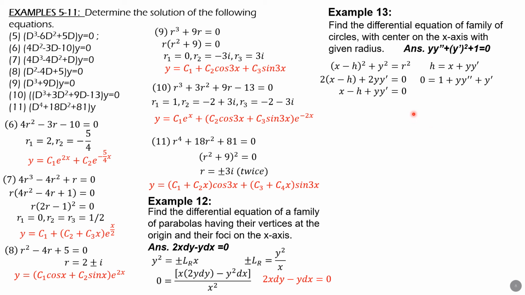So 1 plus y double prime plus y prime equals 0. Simplifying that equation, we have y double prime plus quantity y prime square plus 1 equals 0. So that's the differential equation of this family of circles with center on the x-axis and with given radius.